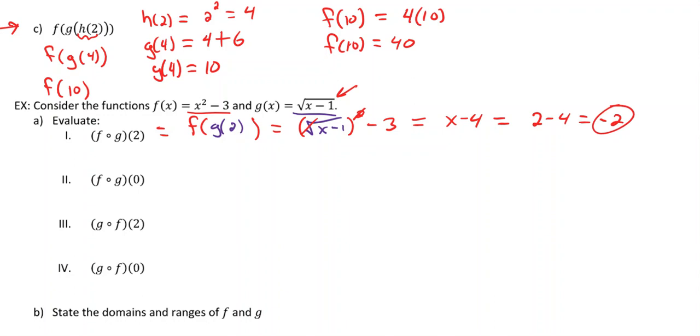Okay, so that first one I did the method where we actually put the whole function in. Let's do the other one with the other method. So this is saying f of g of 0.